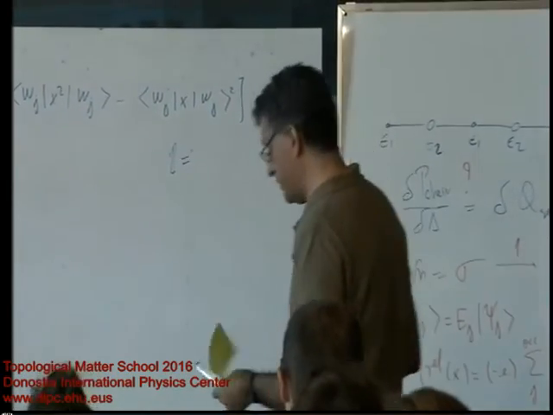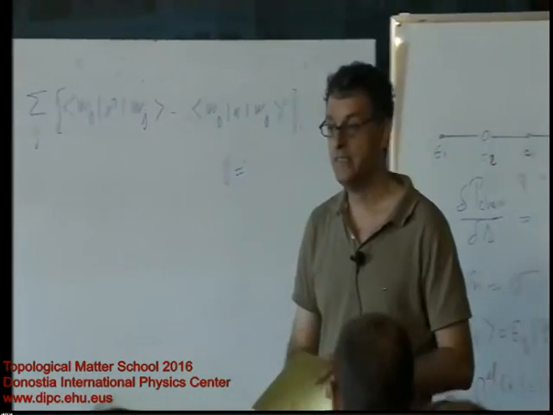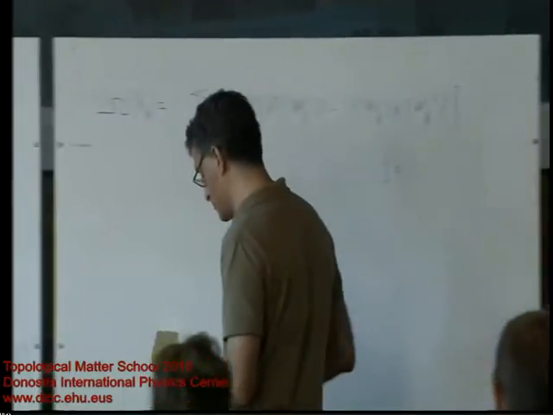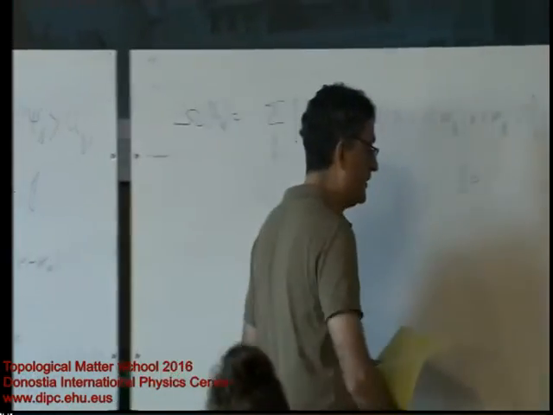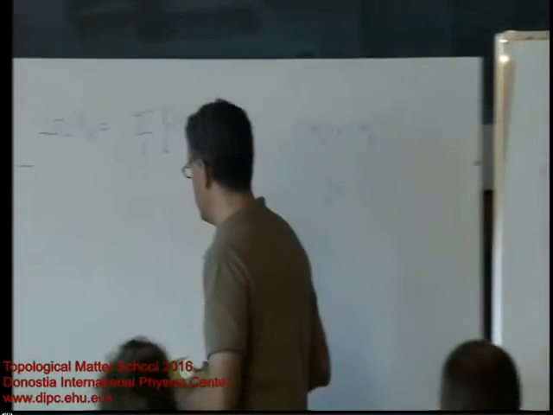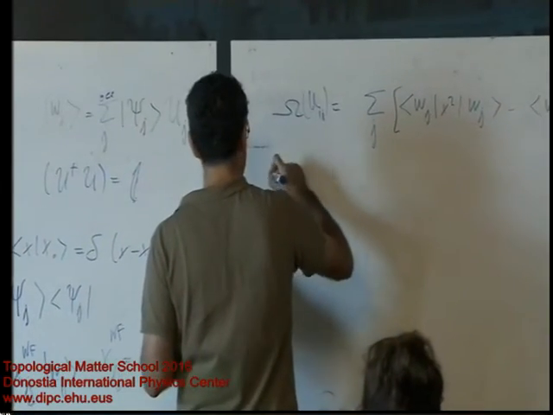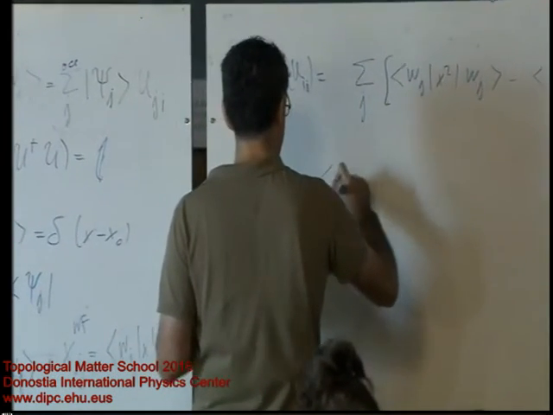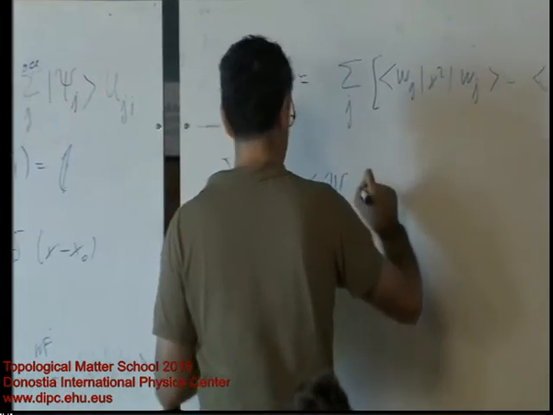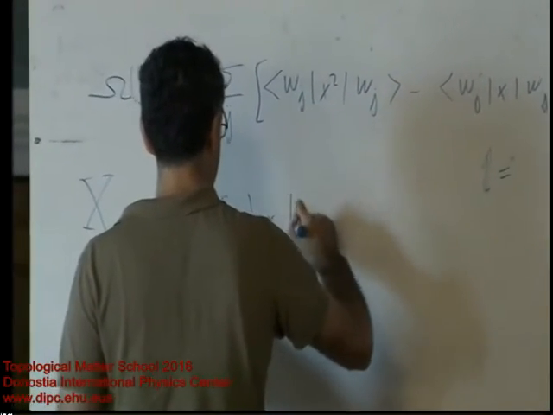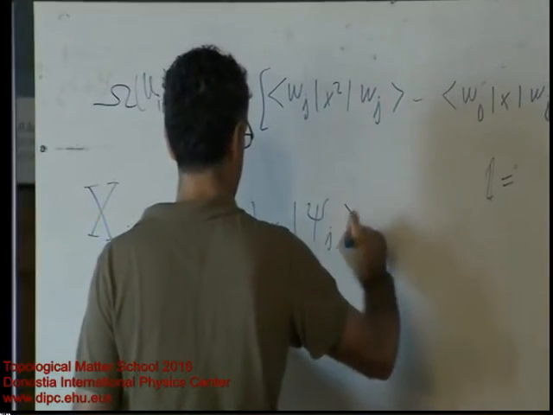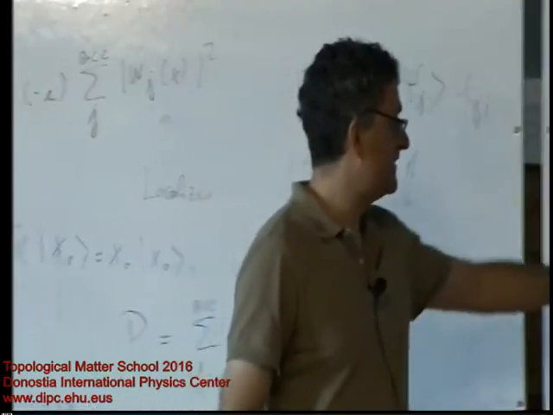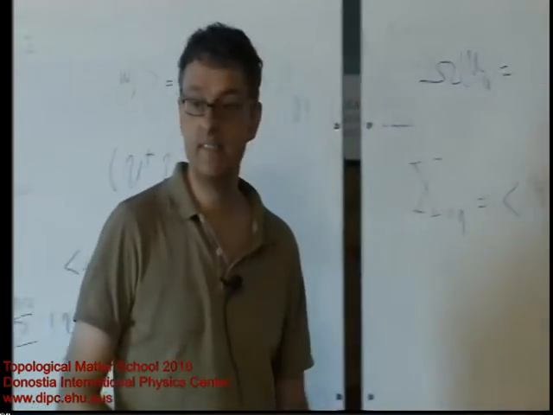But let me tell you maybe in practice how we do this in a computer code. I will later show you some results, and this is precisely what we do. We first solve this equation, and then you construct a matrix, which I will call capital X. I just construct this Hermitian matrix, which are the matrix elements of X between the eigenstates.